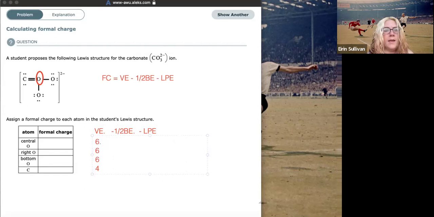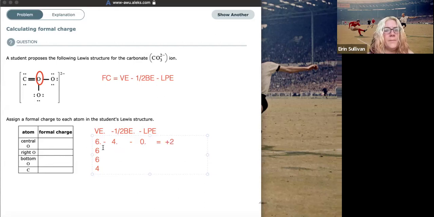Okay, so then that oxygen is involved in 4 bonds, which contain a total of 8 electrons, which are shared. So half of those 8 electrons belong to that central oxygen. So half of 8 is 4. And then it has 0 lone pairs of electrons. So 6 minus 4 minus 0 gives me a formal charge of +2.